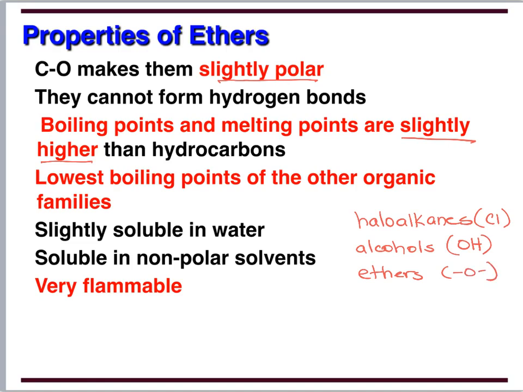If I had to rank these on polarity and the strength of those intermolecular forces, alcohols are going to be the most. Alcohols are followed by the haloalkanes, and then followed by the ethers. So the boiling points of alcohols are very, very high compared to the low ethers.